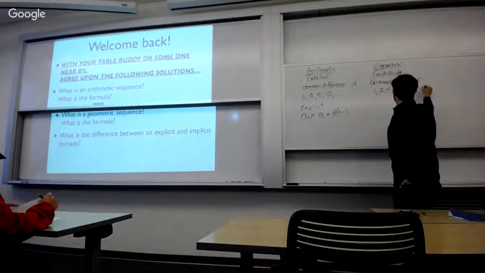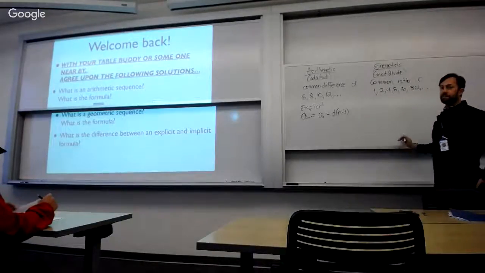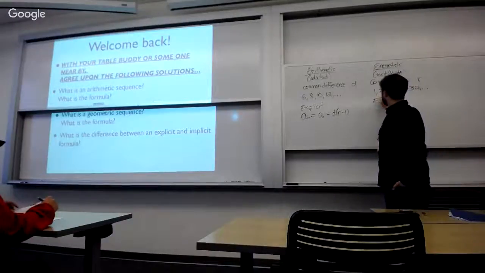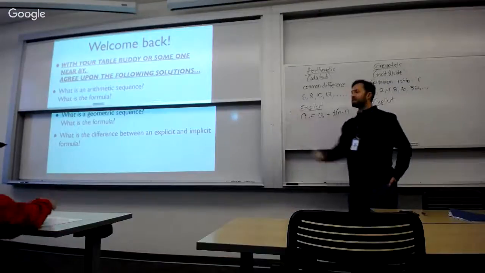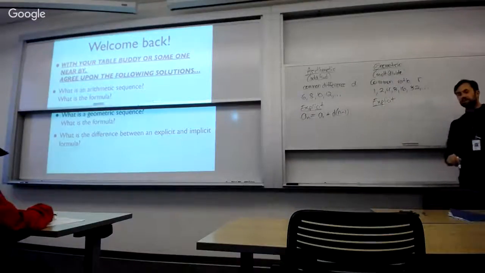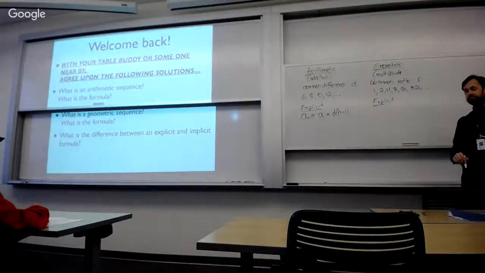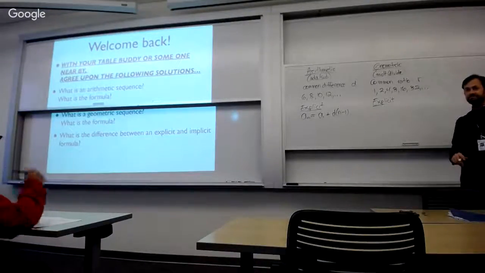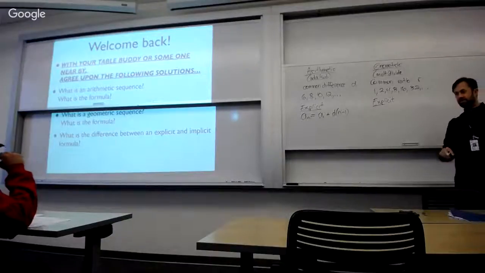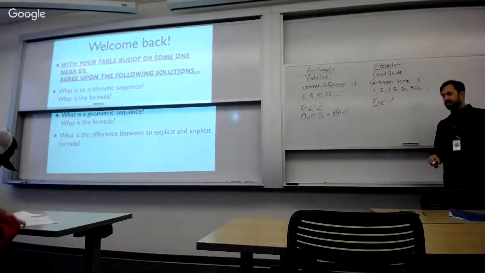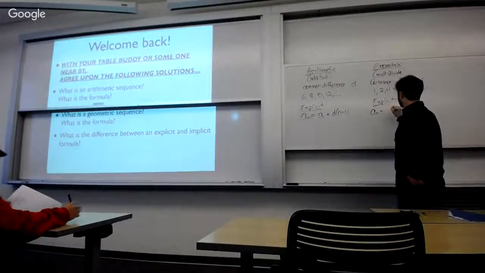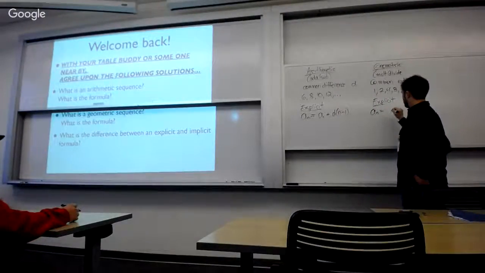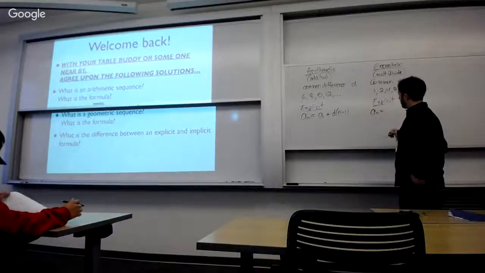And then what's the explicit formula for that? What's the explicit formula for a geometric sequence? Austin, you have it on your notes? I do, yeah. It is a sub n plus 1 equals r times a sub n.